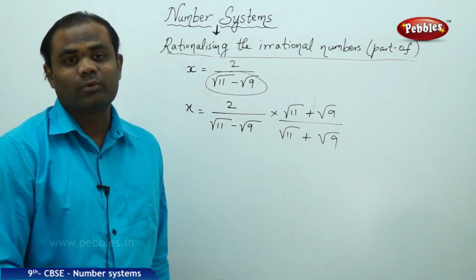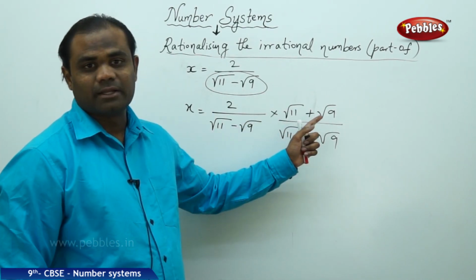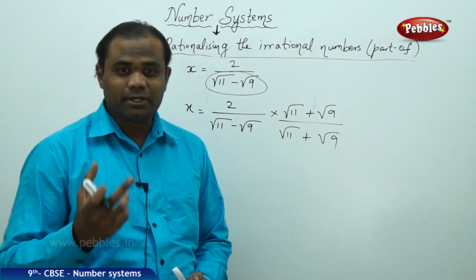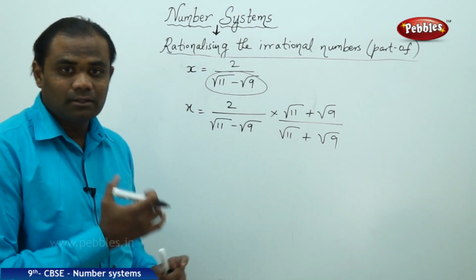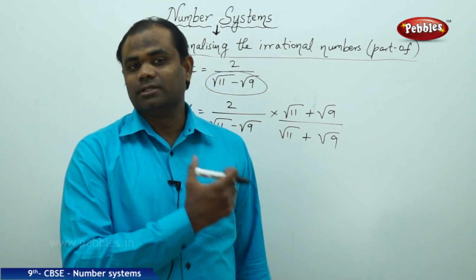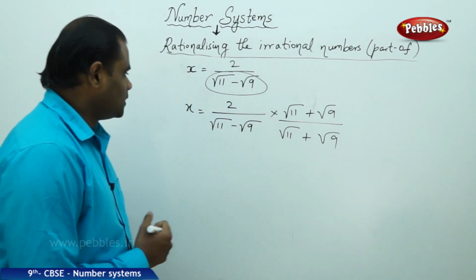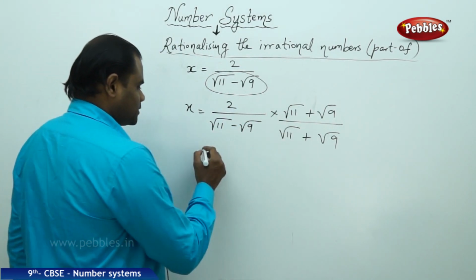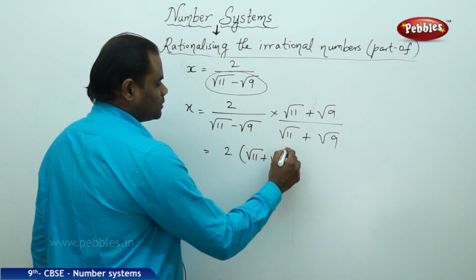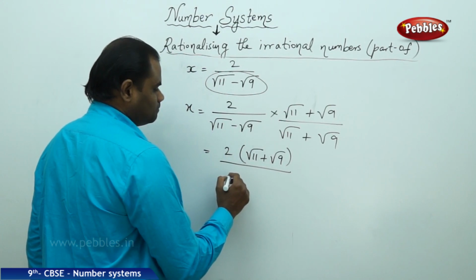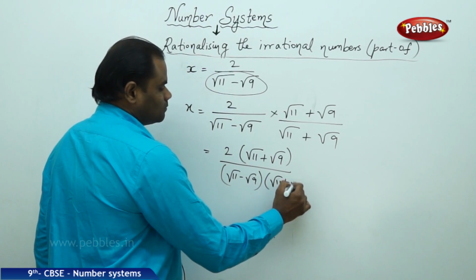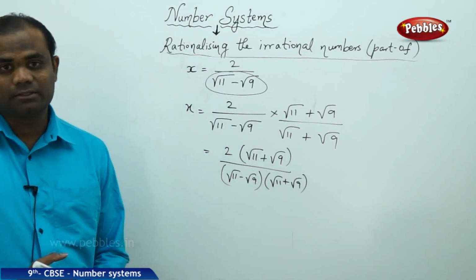If I have plus in the given question, I put the opposite sign minus in the numerator and denominator. This is how we understand the general rule which applies for any problem where the denominator or numerator is rationalized in this format. So I multiply and divide with this, which gives me 2 times root 11 plus root 9 by root 11 minus root 9 times root 11 plus root 9.